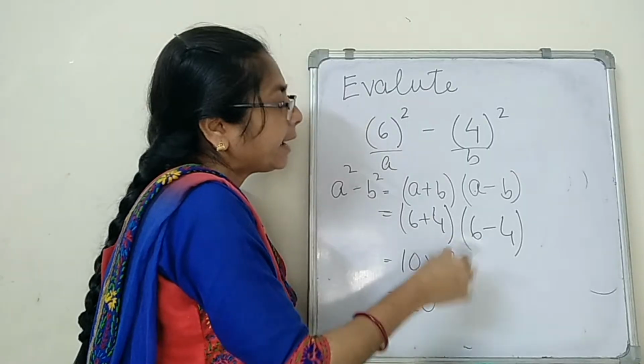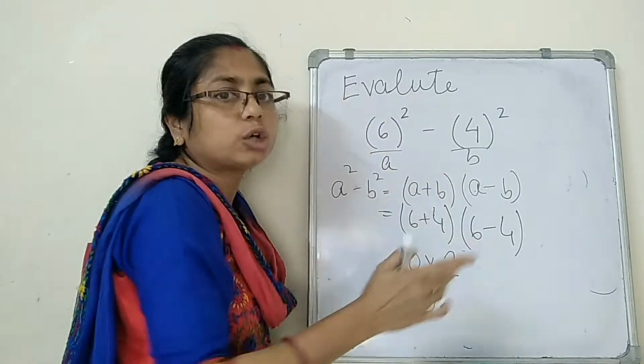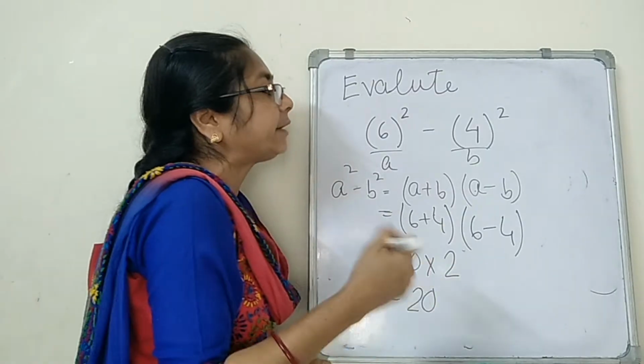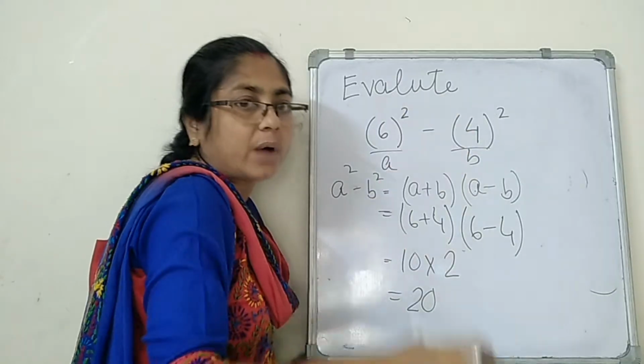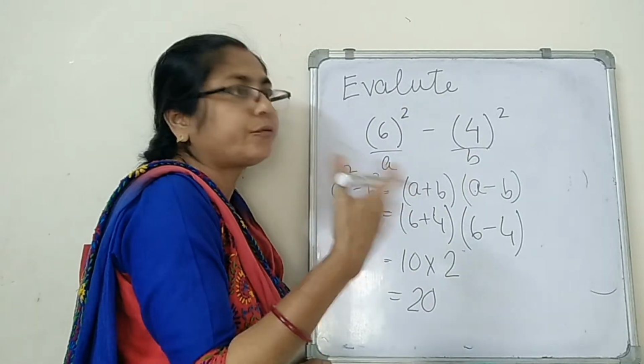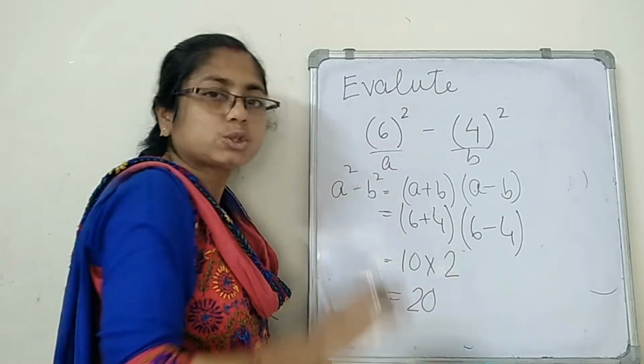20. Look, here a minus b, the result is 2, not 1. I tell you, every time it's not expected that a minus b is always 1. It may be 3, 4, 5, 6, anything. So I give a small math and do. It is 20.